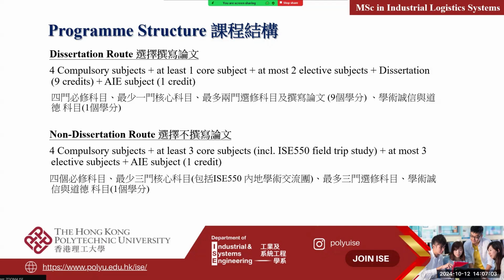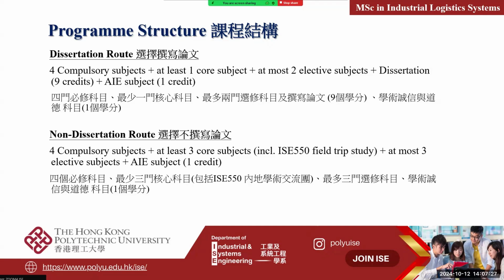And another way is the non-dissertation routine. You, of course, do not need to choose the dissertation. But alternatively, you need to choose another 3 subjects. So accordingly, you need to choose 4 compulsory subjects, plus at least 3 core subjects. Please pay attention. There's a mandatory requirement.